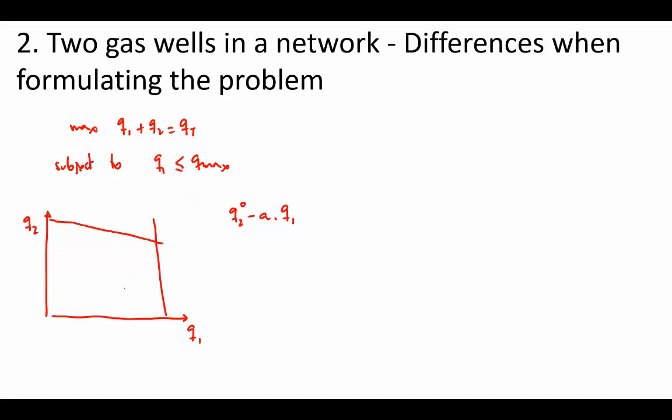That means essentially that Q2 has to be less than this curve, and then Q1 has to be less than this curve. So Q2 has to be less than or equal to this line here, and then Q1 has to be less than or equal to Q1 0 minus B times Q2. Okay, so essentially you are within this area here.